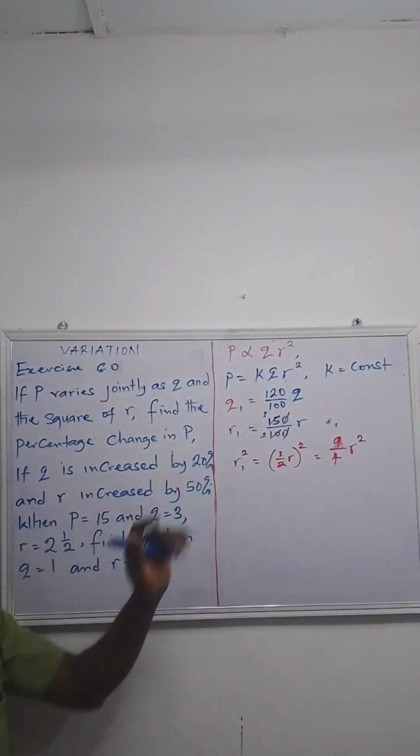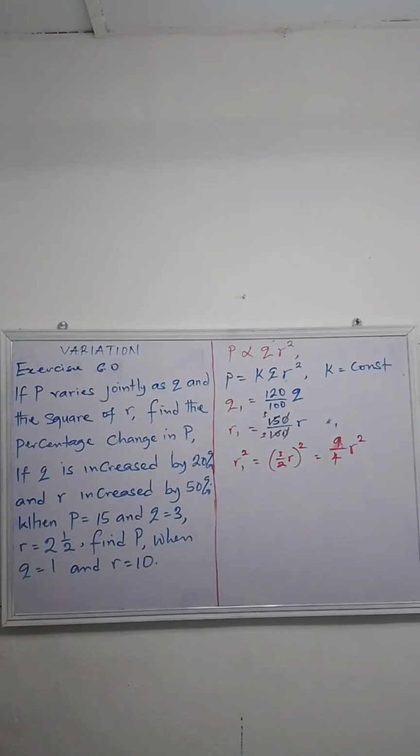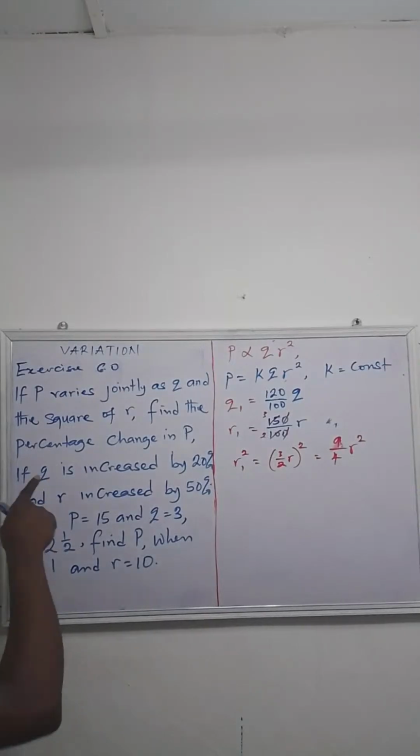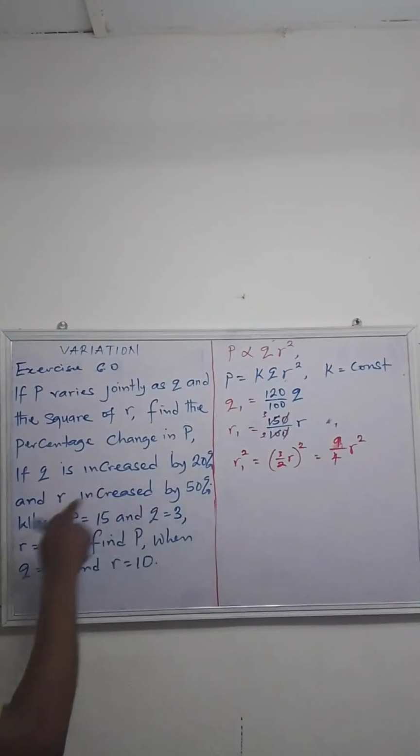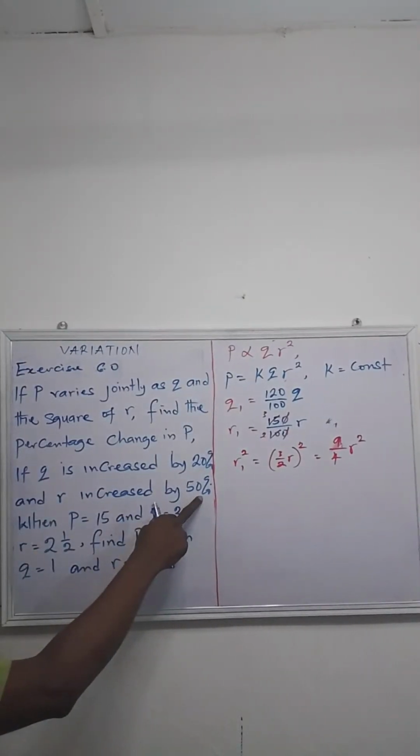That is R1 squared. The next thing is to get the increment in P when Q is increased by 20% and R is increased by 50%.